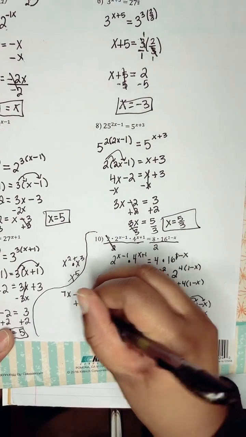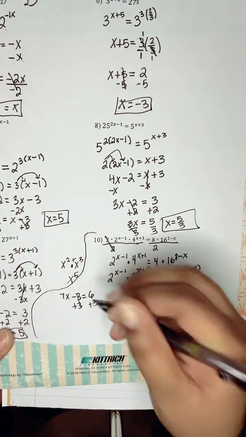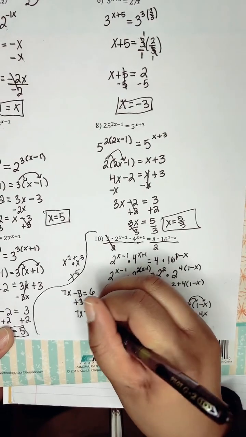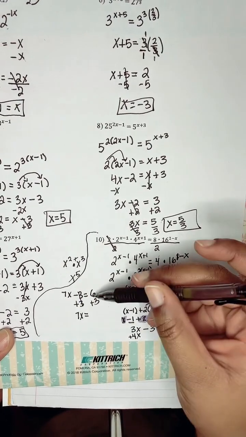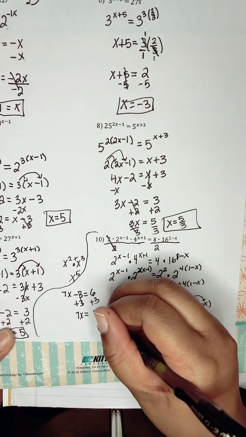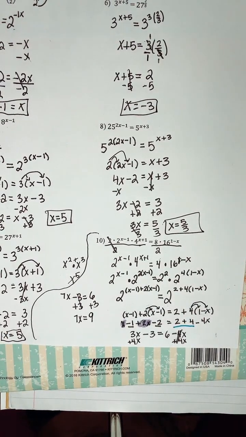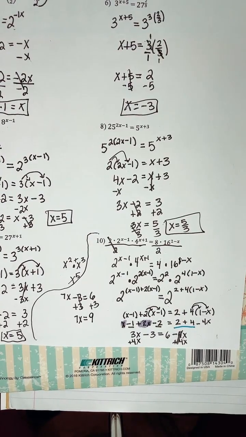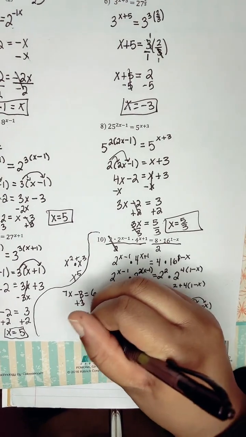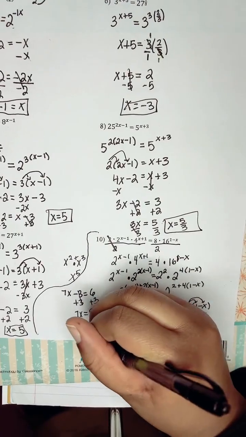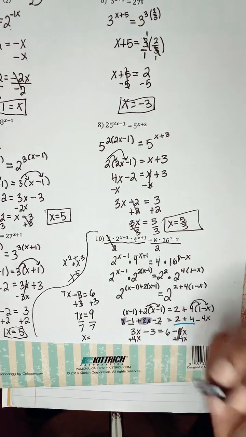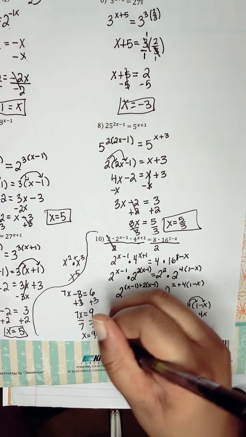So we're going to add 3, and we get 7x equals 6 plus 3 is 9. And then divide by 7, and x equals 9/7.